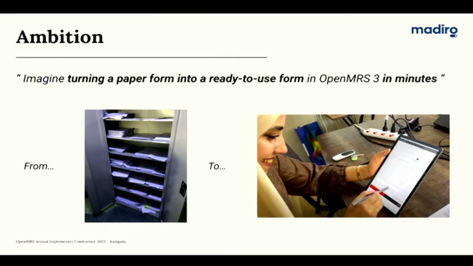That's the high-level ambition that we voluntarily set. It's really, really ambitious, but that's kind of our North Star to slice the different steps. So you go from this rack of paper forms that we see here to an OpenMRS 3 form on desktop or tablet in just a few minutes.